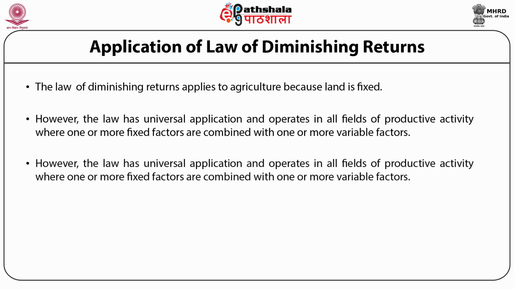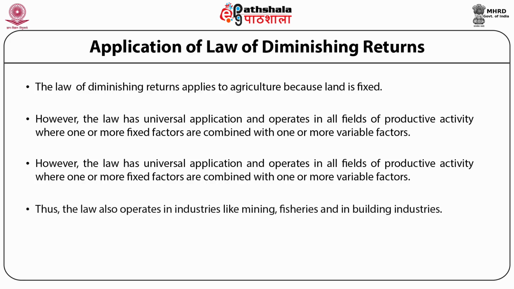Thus, in an industrial enterprise, capital is kept fixed and other factors are increased. The MP will definitely increase but will ultimately diminish. Thus, the law also operates in industries like mining, fisheries, and in building industries.